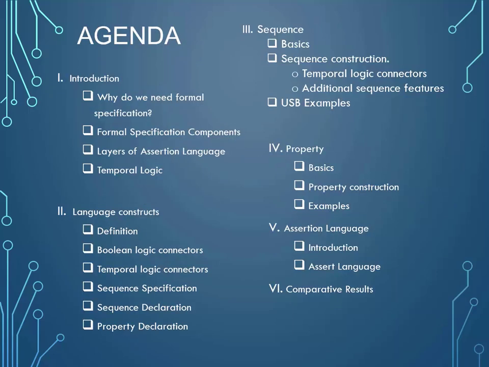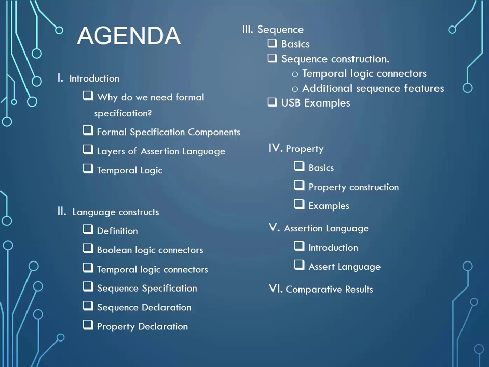Our agenda is quite lengthy, but we will try to make it smooth for everyone. We will give you a very nice introduction on why we need all this, and the core components that help us define the formal language and use it properly and as intended. Also, we will see how to define sequences from the very simple ones to complex ones using some USB examples.